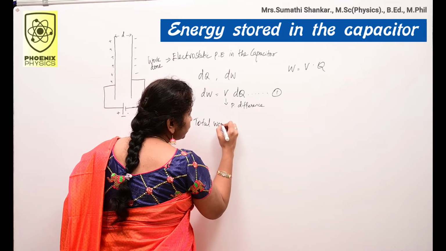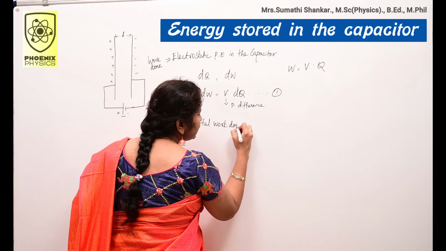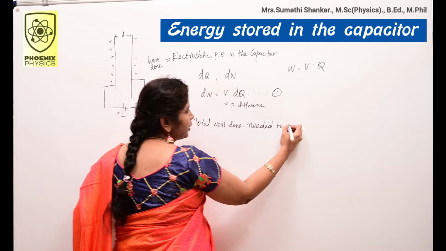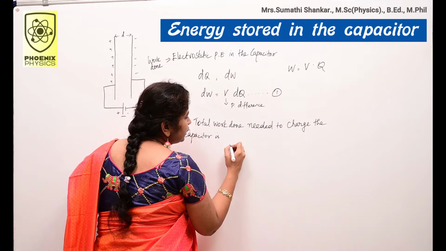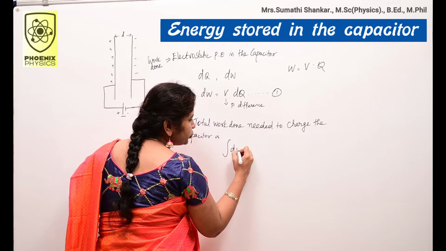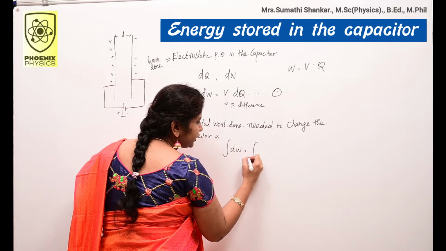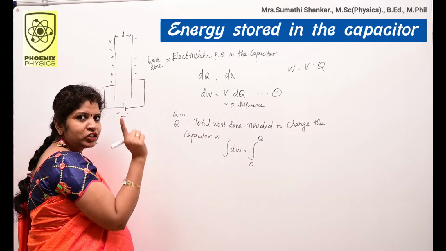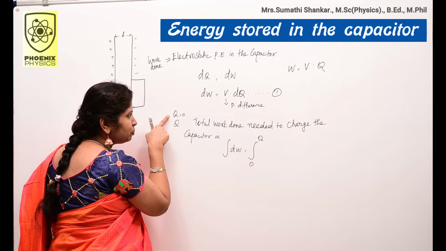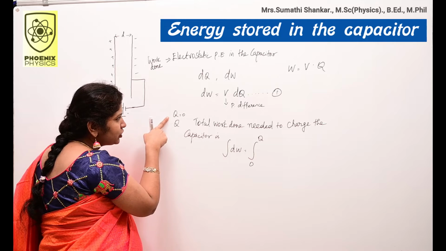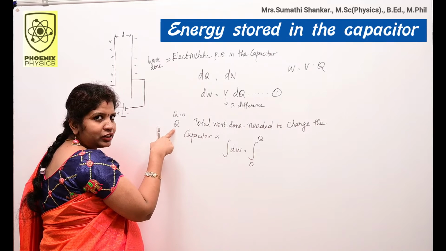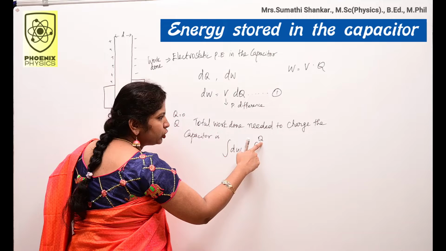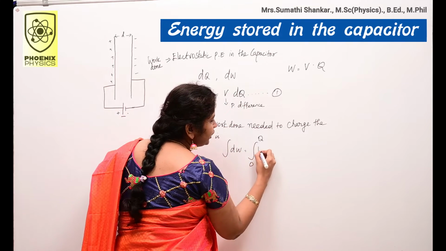The total work done needed to charge the capacitor is integral dw is equal to integral 0 to Q. Initially the charge on the capacitor plate is 0. After some time it reaches the value Q. So integral 0 to Q V dq.